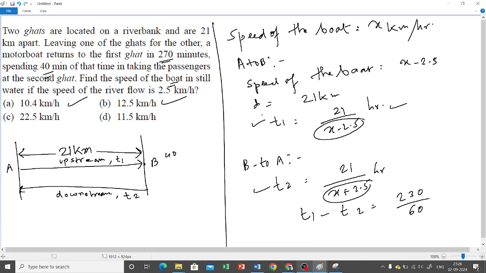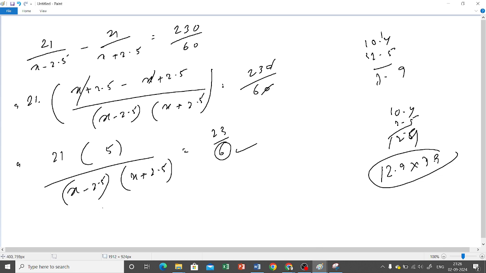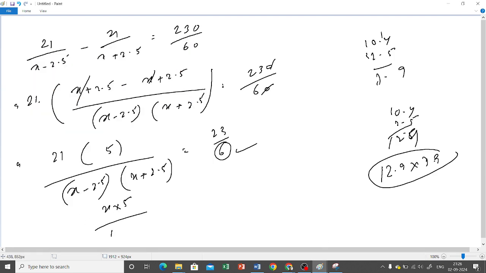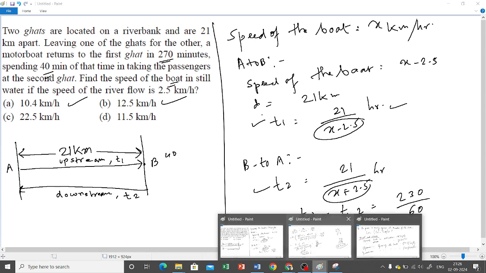Let me go with option B. So 21 into 5 divided by, what is option B? 12.5. So 12.5 minus 2.5 is 10, and 12.5 plus 2.5 is 15. No. Let me go with option C, 22.5.